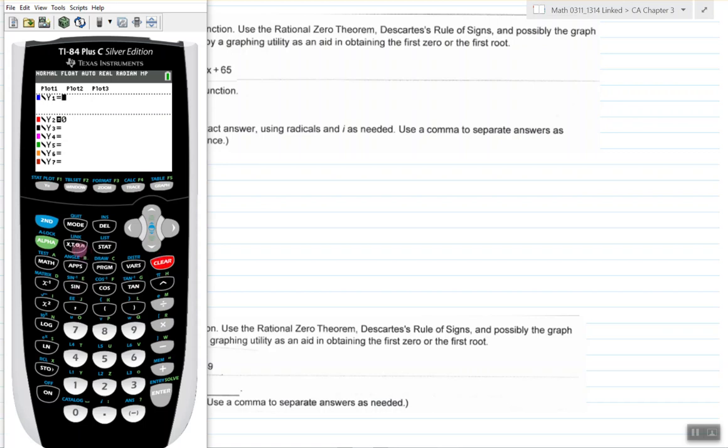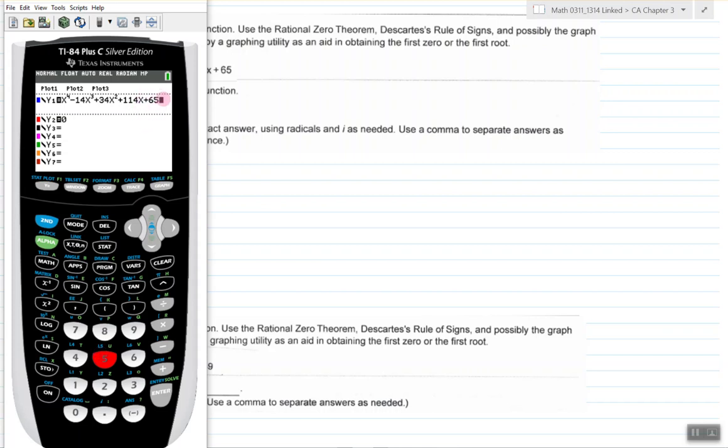I have x raised to the 4th power, go to the right, subtract 14x to the 3rd power, go to the right, plus 34x squared plus 114x plus 65.